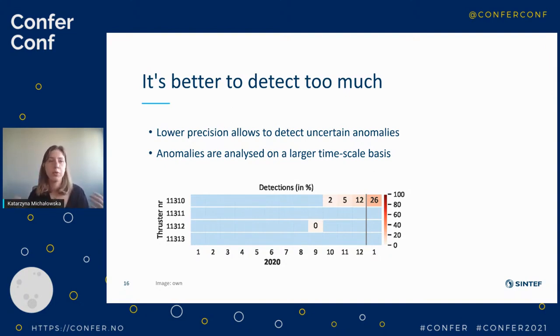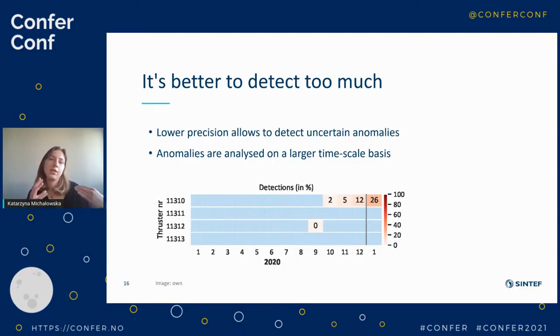But how we work on it and how we analyze whether there's a problem in thrusters is actually done on a larger timescale basis. So in this case, we would look at a particular thruster, and we would see how many detections there have been in some period. If there have been 2 detections in 1 month, and then in the other month nothing really happened, that will not be a reason for our concern.